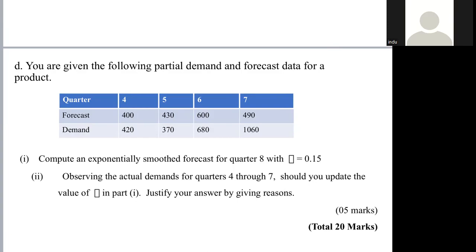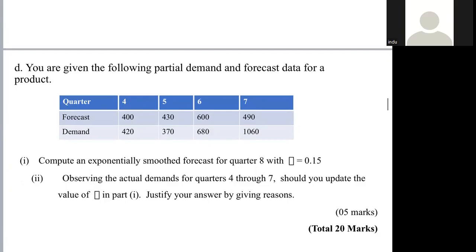Also forecasted values are given here and the actual demand values are also given here. Okay, actual value also given here. The question is, compute an exponentially smoothed forecast for quarter 8.